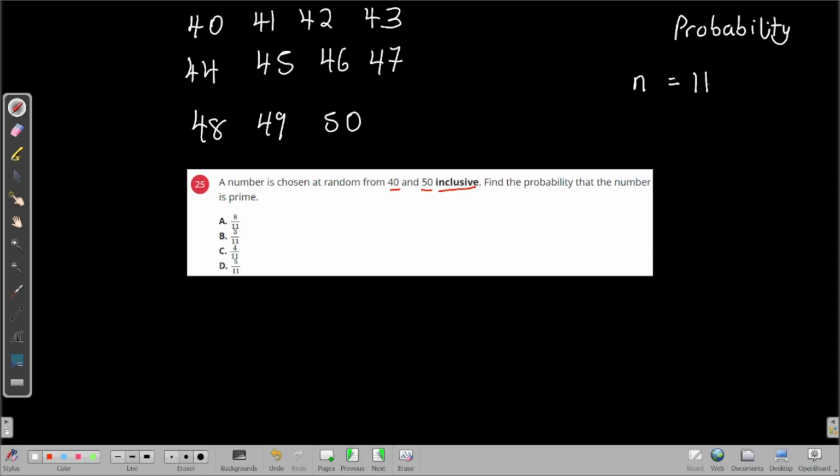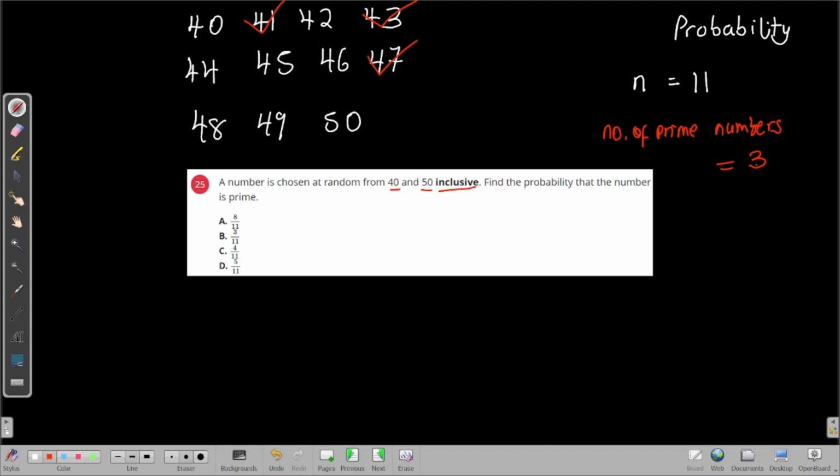Okay, now they said find the probability that the number is prime. So you need to know the number of prime numbers. So what are the prime numbers? 47, 43, and 41. Okay, every other number is not prime. Remember that a prime number is a number that can be divided by only one and itself.